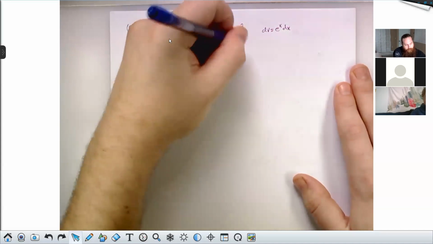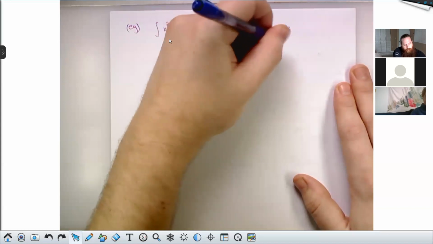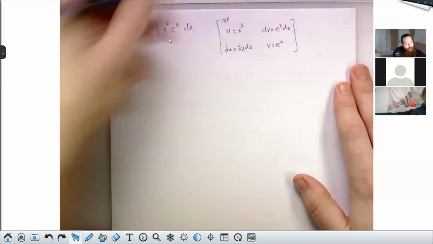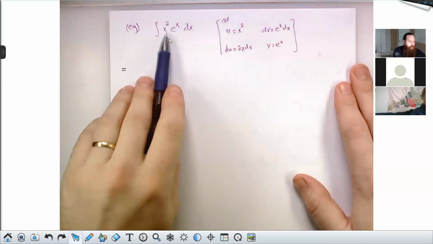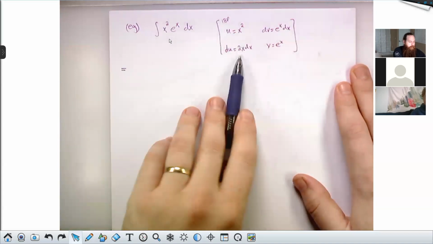So then du, that's going to be 2x dx, and v is going to be e to the x. And if I run my formula now, the integral of u times dv should be equal to u times v minus the integral of v times du.